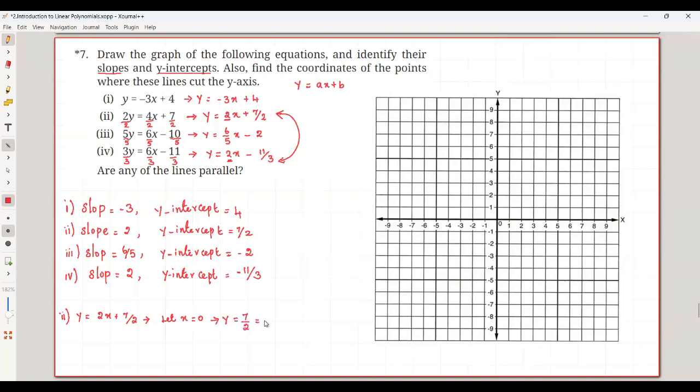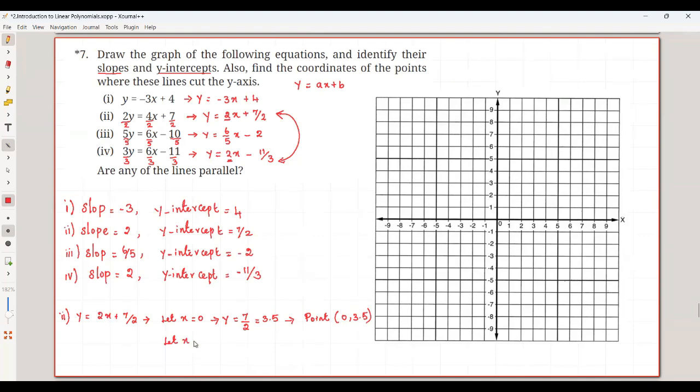7 by 2 means 3.5. Now the point: the first point is 0, 3.5. Next, second point. I'm choosing let x is equal to 1.